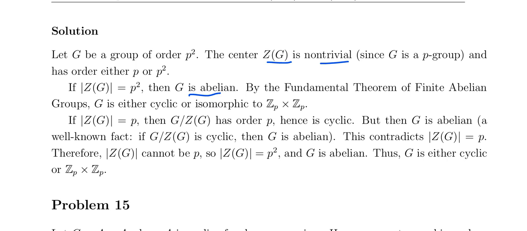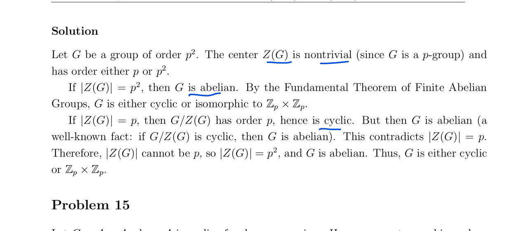And in the case of the order of Z(G) equal to p, then the quotient of G by Z(G) has order p, since p squared by p is p. Hence a group of order p is cyclic. But then G is abelian. It is a well known fact that if G by Z(G) is cyclic, then G is abelian.